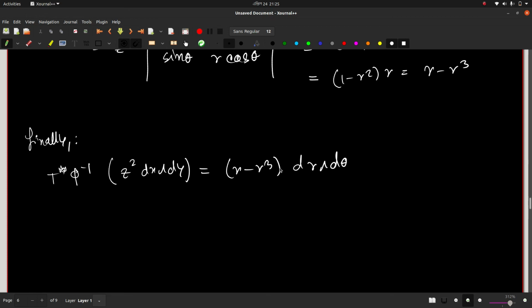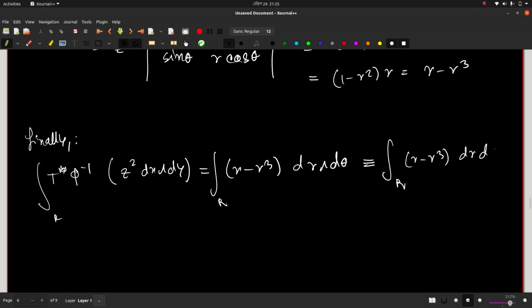Now we can use that equivalence that we used earlier. This will be equivalent to, obviously, the integral, not the quantity. The integral will be equivalent to r minus r cube dr d theta.